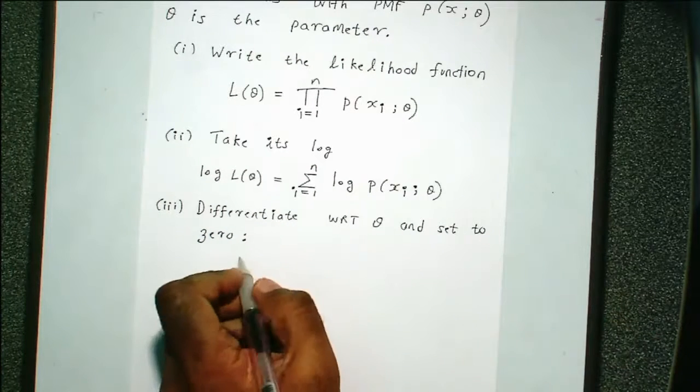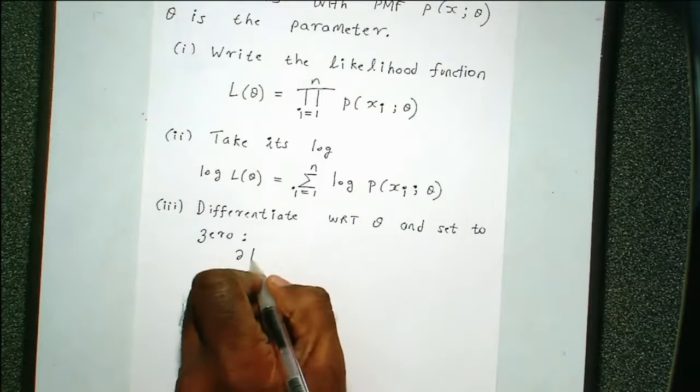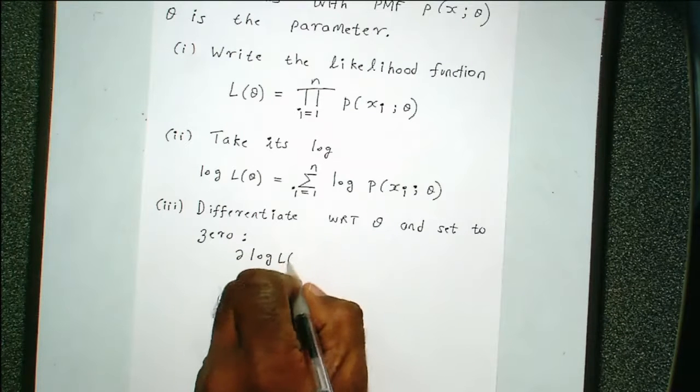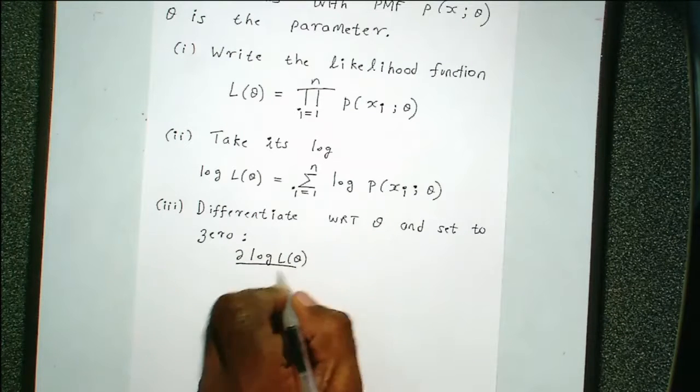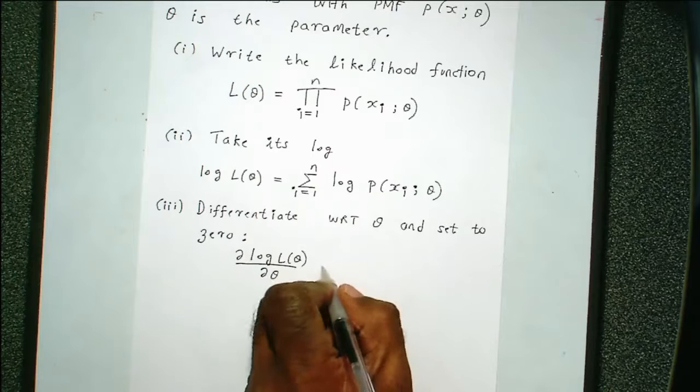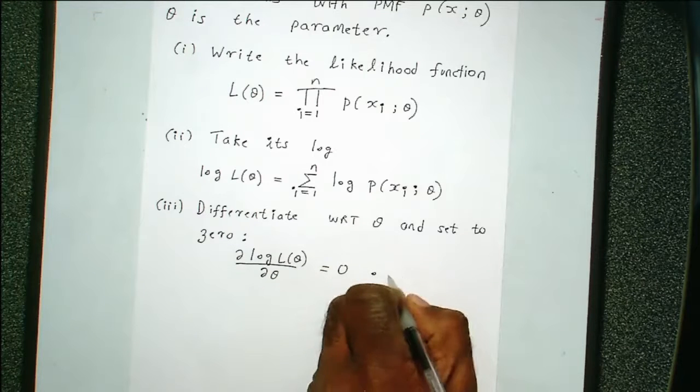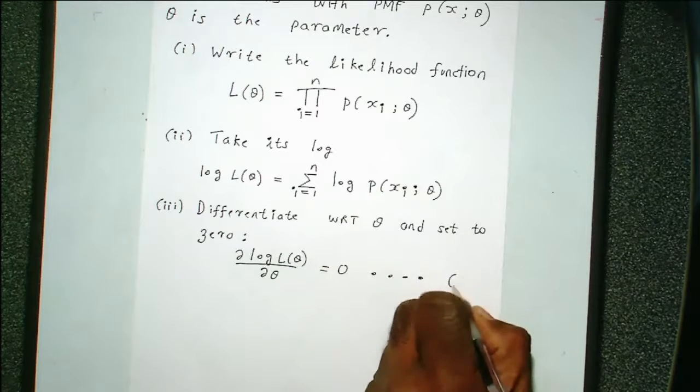So you get the following equation equal to 0, and let me call this equation star.